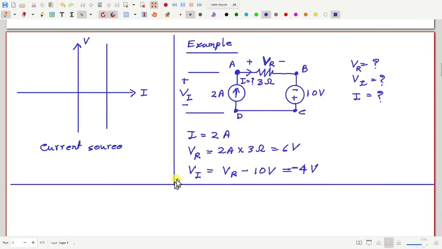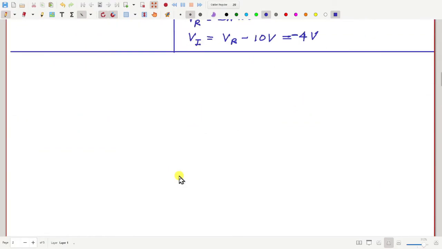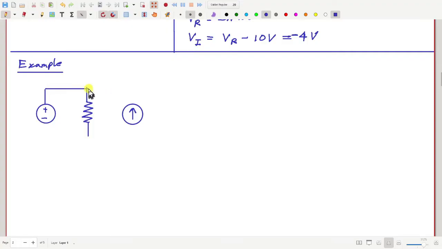Let's take maybe another example. Okay, now say we have again a voltage source, current source, and a resistance. Now they are connected in parallel.